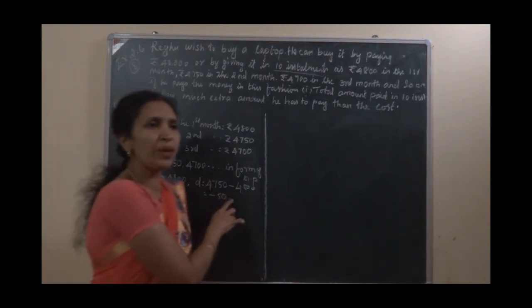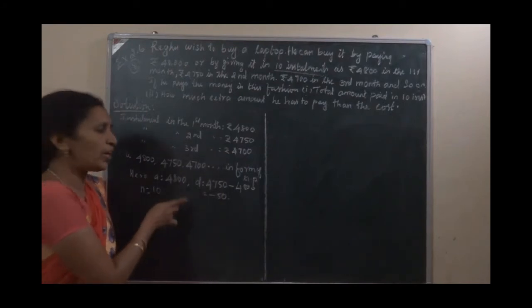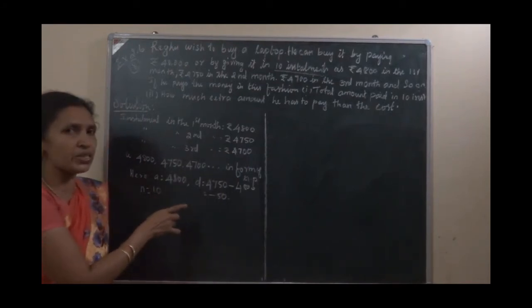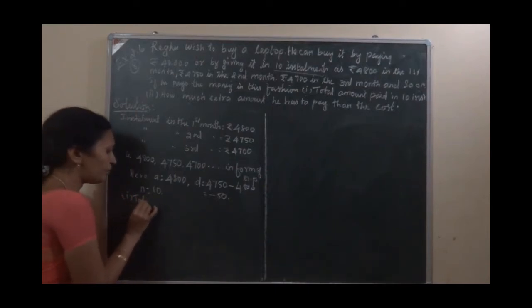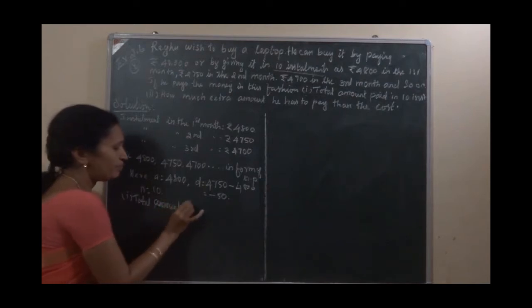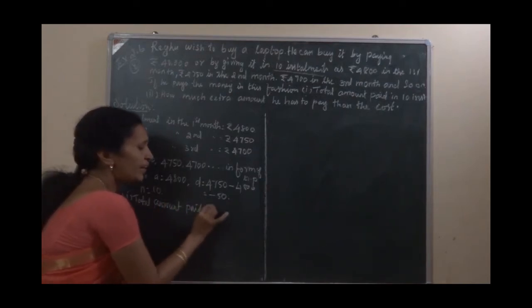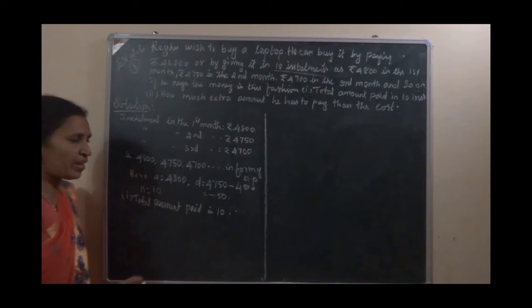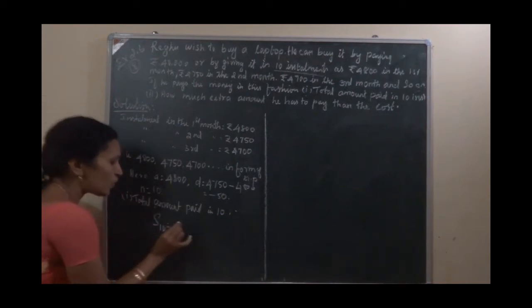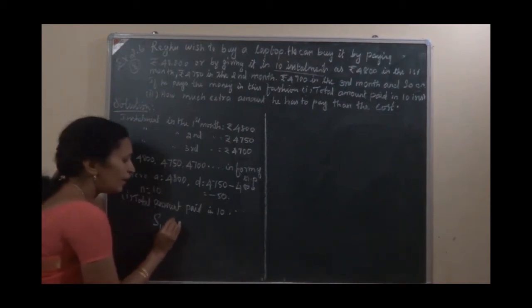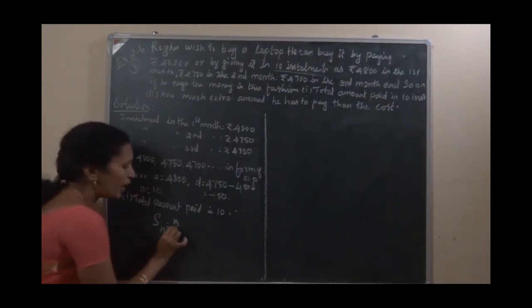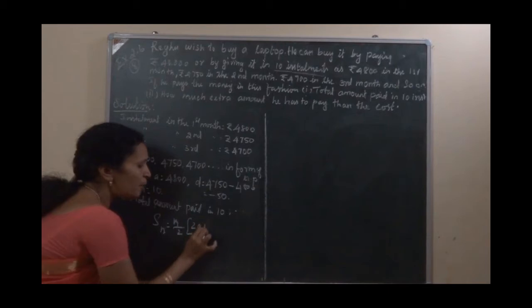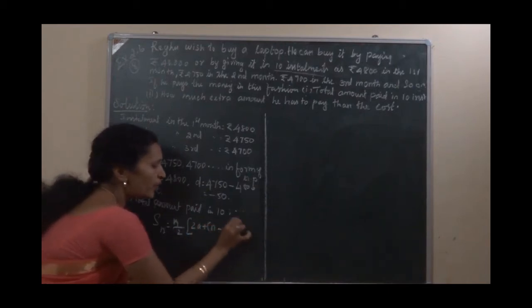Which formula should I apply here? Sn equal to n by 2 into 2a plus n minus 1 into d. First question, total amount paid in 10 installments: S10 equal to n by 2 into 2a plus n minus 1 into d.